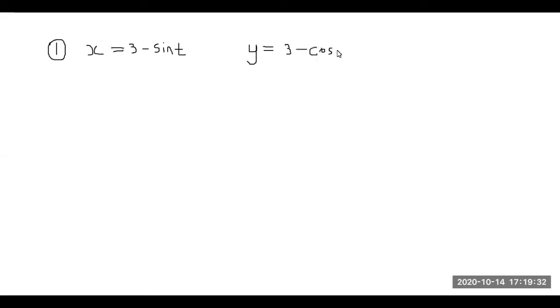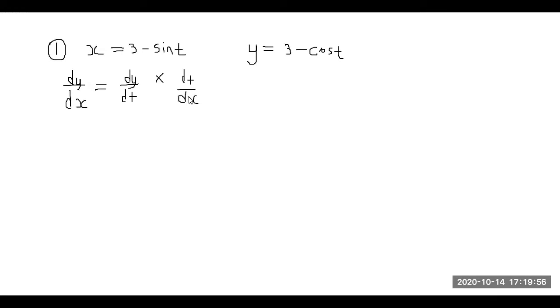We want to find the two derivatives. To find dy by dx with parametric equations, dy by dx is equal to dy by dt times dt by dx.